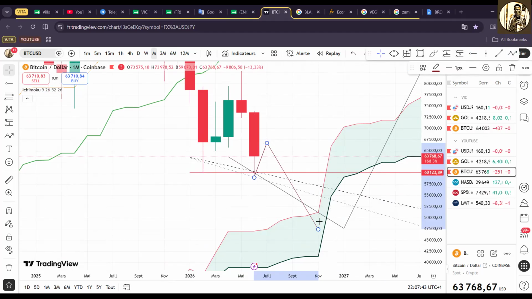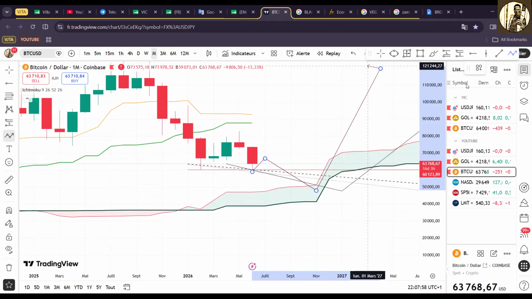Okay, like this, before going back, falling down this way before going back to the upside this way. That's how you predict the moves.